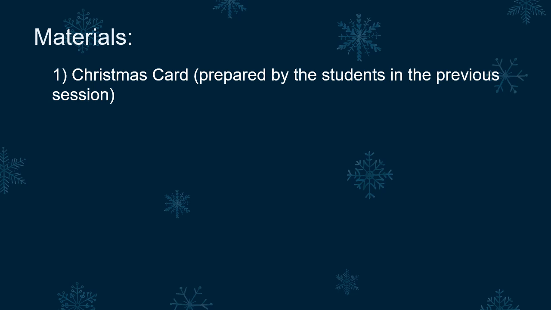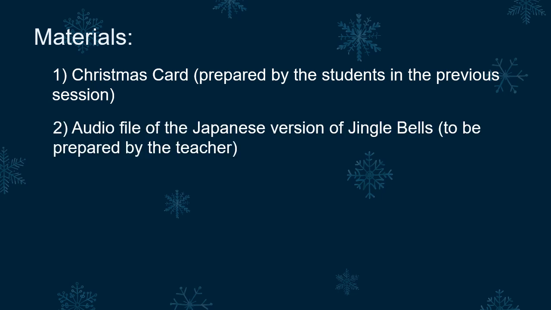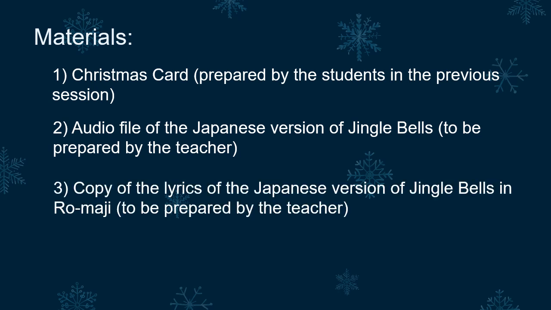Materials to be used in this session are the following. Christmas card prepared by the students in the previous session. Audio file of the Japanese version of Jingle Bells to be prepared by the teacher. Copy of the lyrics of the Japanese version of Jingle Bells in Romaji to be prepared by the teacher. And Nihongo review quiz.